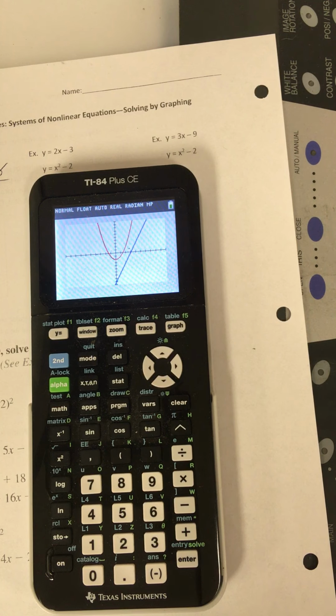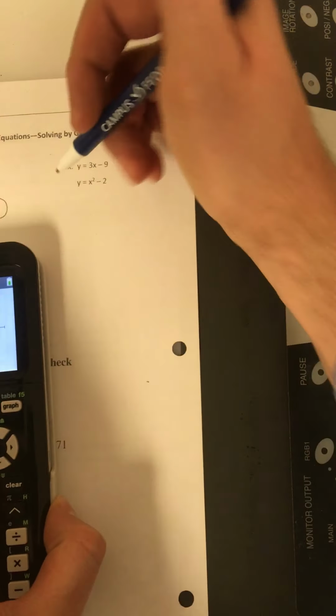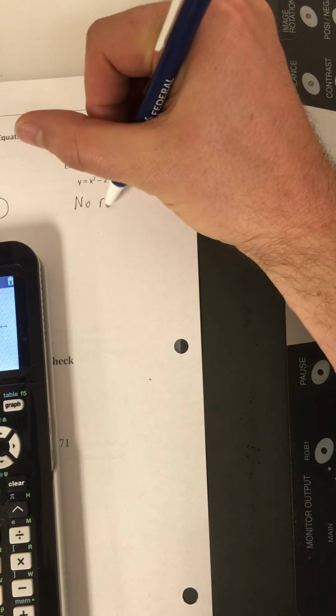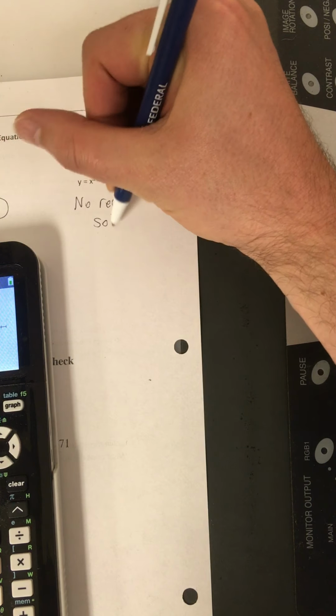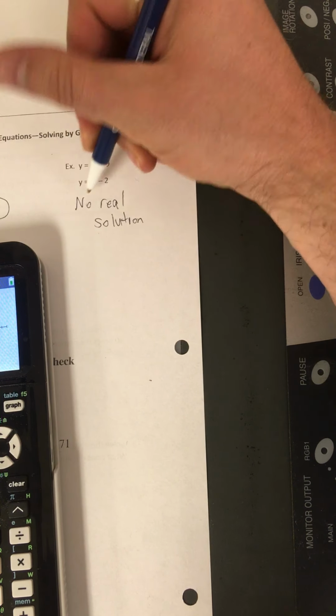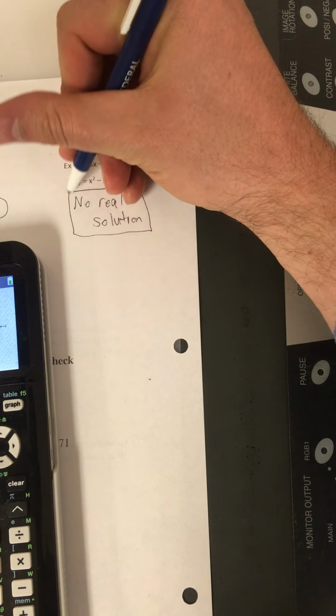Now, before you start doing second trace and finding the intersection, look at that. How many times does that line touch the parabola? It doesn't touch the parabola. What do you think that means? It means no solution, no real solution. So I don't need to find where they touch. They don't touch. It's going to have no solution.